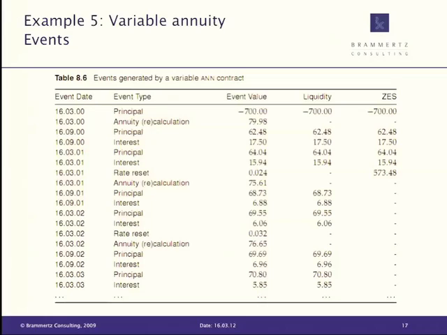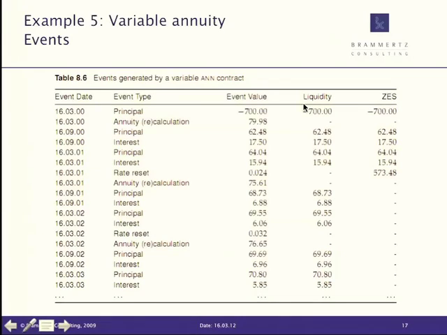From that, we know on the 16th, 9th, we are going to pay the 79.98, and the interest of that is 17.50. So the rest is principal. Then 6 months later, the same payment, there's no repricing, so the payment still remains, but we have already paid back principal. So the interest goes down to 15.94, and we pay 64 principal back. That's the standard annuity calculation.